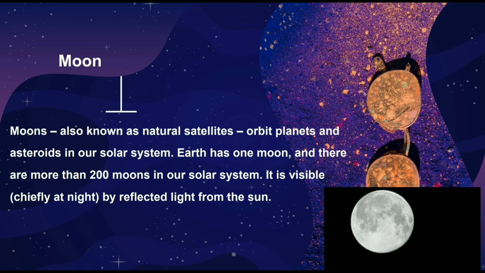Moons do not orbit the sun, but moons orbit planets. So it's kind of like a domino effect. You have planets orbiting the sun, moons orbiting the planets. And they also orbit asteroids, which we say are rocky, smaller than planets, and orbit the sun. So they orbit planets and asteroids in our solar system.